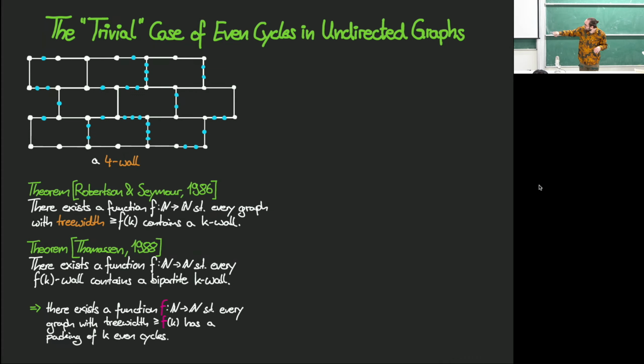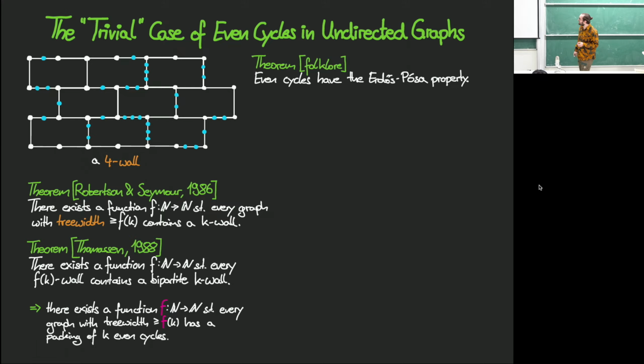So combining these two says if I have big tree width, I find a big packing of even cycles. So the only case I have to analyze is the case where I have small tree width. And this will then result in what I said before, so even cycles indeed have the Erdős-Pósa property.